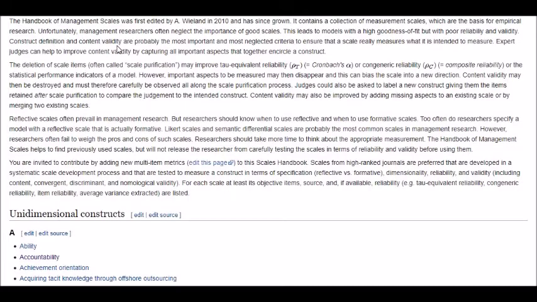Now, construct, definition, and content validity. I'm so sorry, I jumped into a different discussion altogether, because I'm a typical female in that way, I should say. It's a feminine nature that they are very bubbly and they cannot keep quiet, and they have to go and share it with everybody.